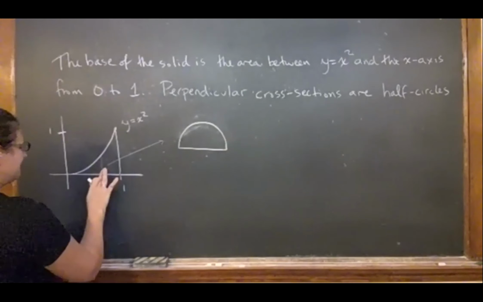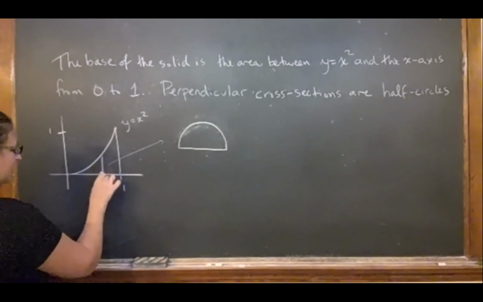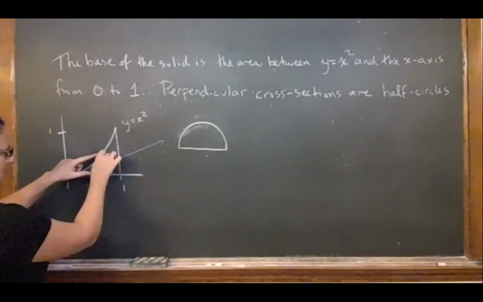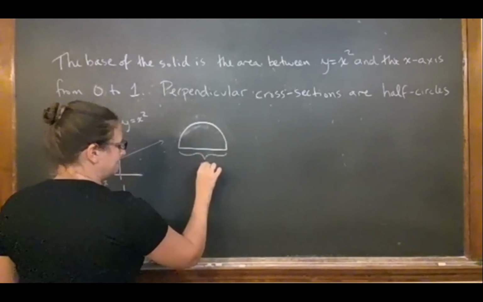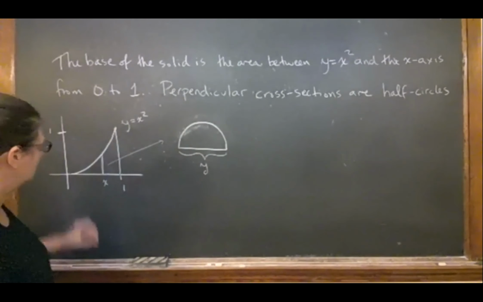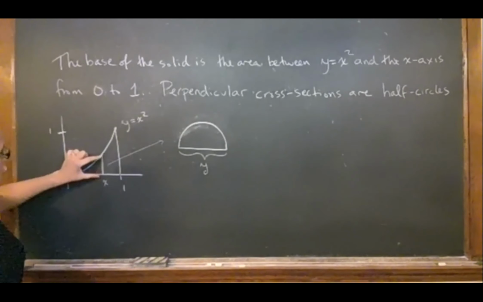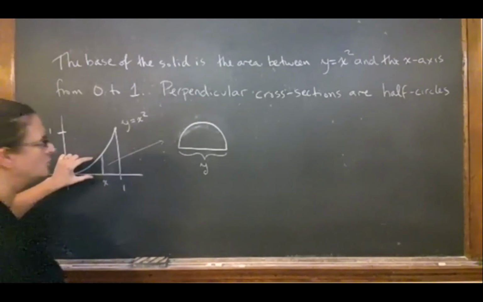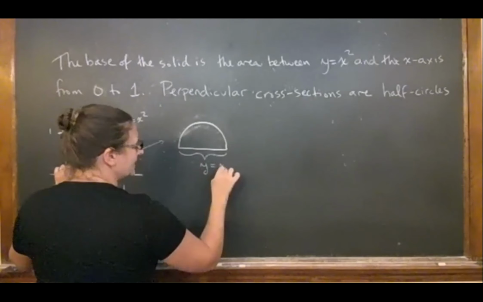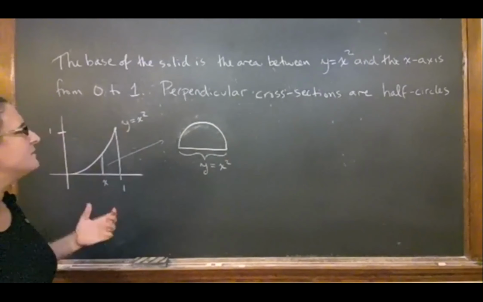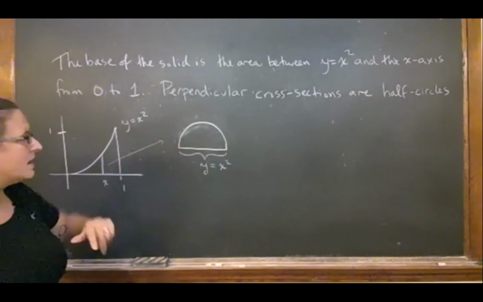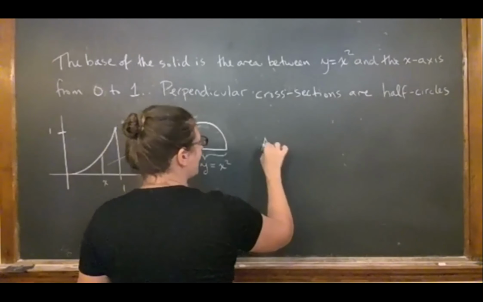So at the point x, the height here, this is going to be the diameter of the circle, right? So this is our y. Okay, that's the height to the parabola. So we know that that is x squared. So we have to figure out what the area of this is. So that's not too bad, right?